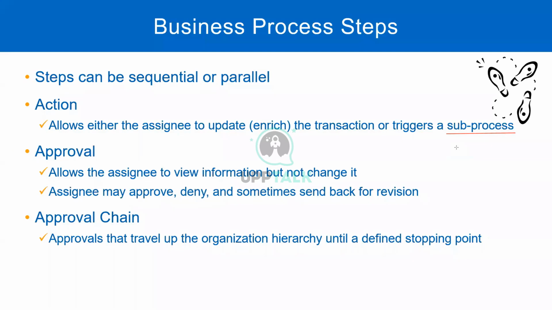Now let's say the first level approves, the second level rejects. Then what happens? Is it still considered an approval, or is it denied? It won't be an approval. If the second level denies, then it will be denied.